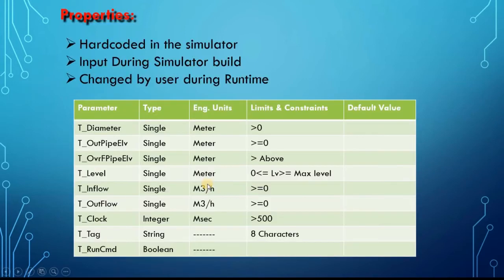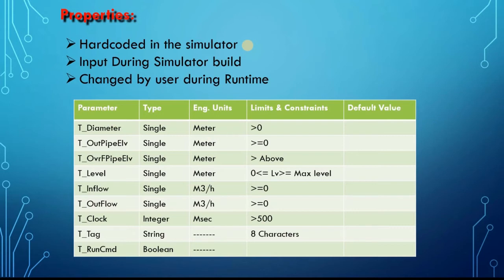Now what are the properties? Think about the properties in a different way. There is some stuff which will never change, which is hard coded in your simulator. For example, if I have only one block that calculates the volume of a horizontal and a vertical tank, then in my case I have only one, which is the vertical.